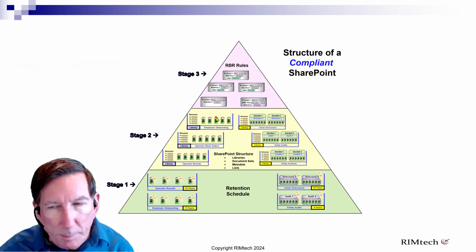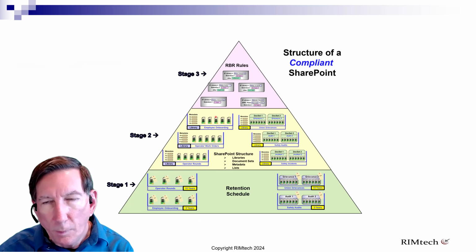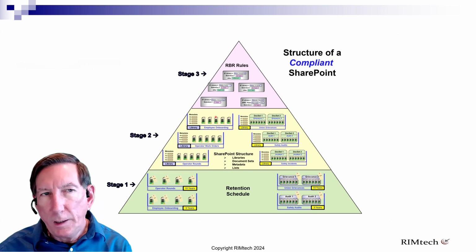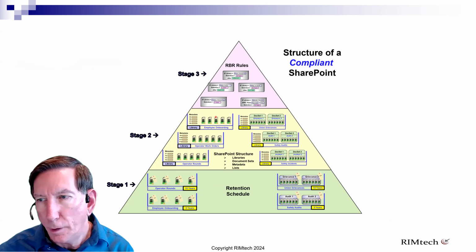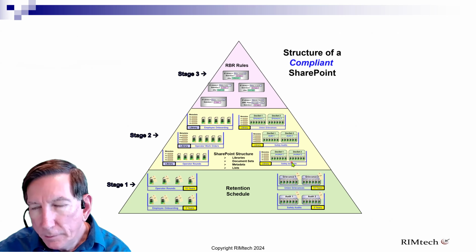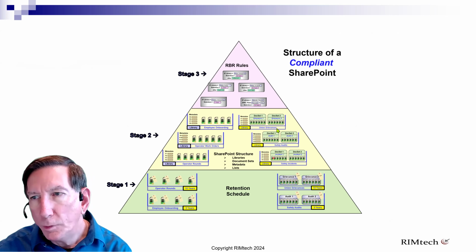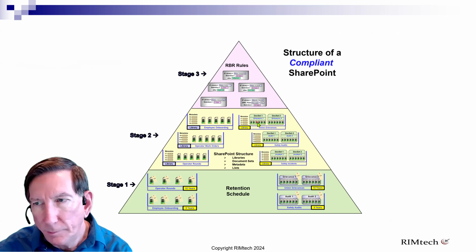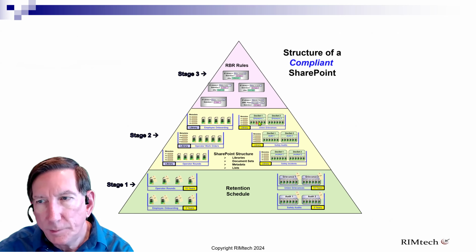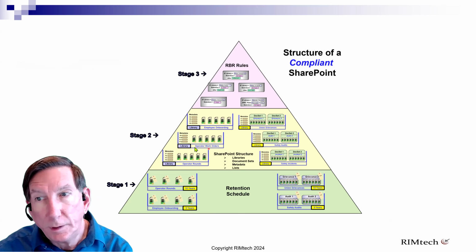Level 2, come up a level. Now we're in SharePoint. What do we have? We have 800 libraries, one for each category in the retention schedule. And on the right, we have 480 case libraries, which are broken into cases. And those cases are document sets. On the left, we have 320 libraries, which are not broken into cases.